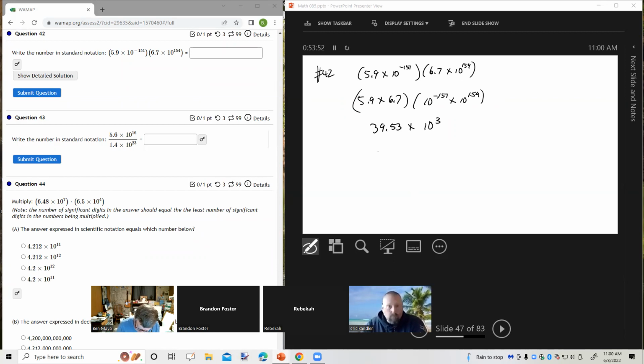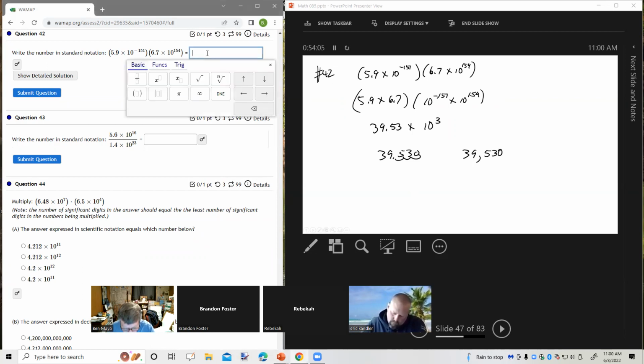Standard notation. So I'm going to move the decimal point 3 places to the right, and I should get 39,530.